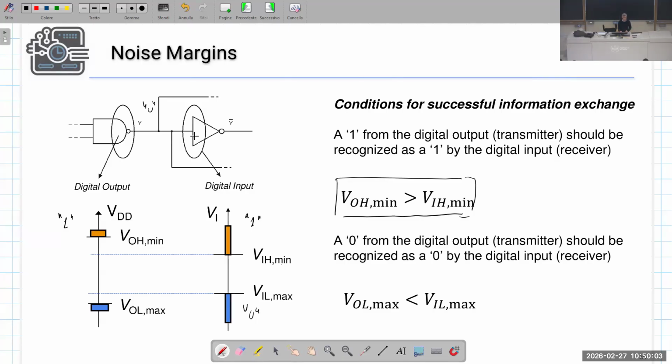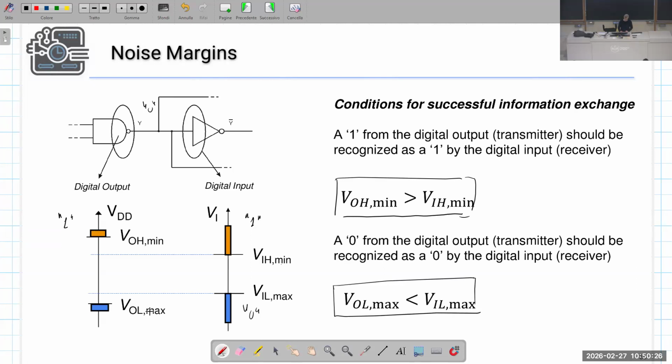Is that clear? We want VOL maximum to be below VIL maximum. Clearly, if the output voltage is lower, the lower the better.